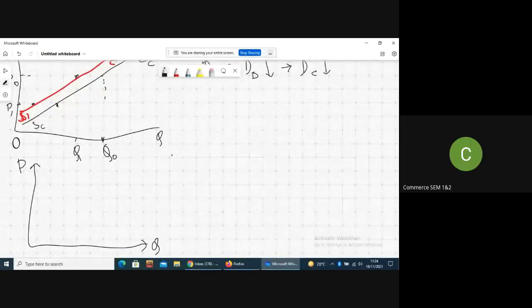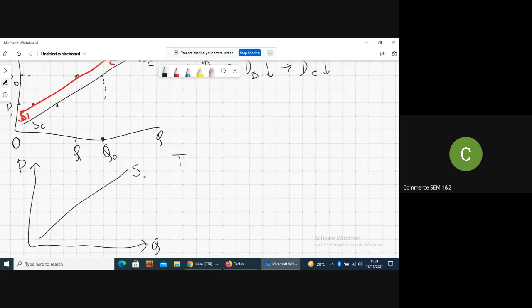Now again, we will consider this from the supply side. Say we are seeing the supply of tea. So this is the initial supply curve of tea. This is quantity of tea, and this is price of tea.